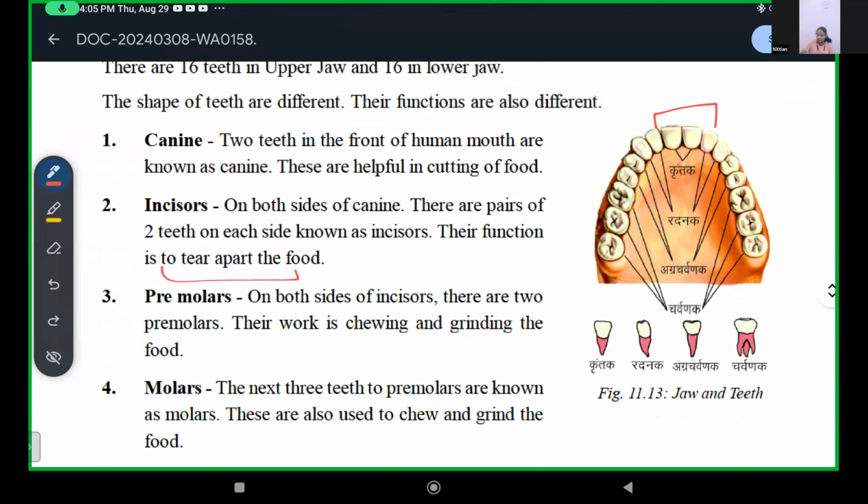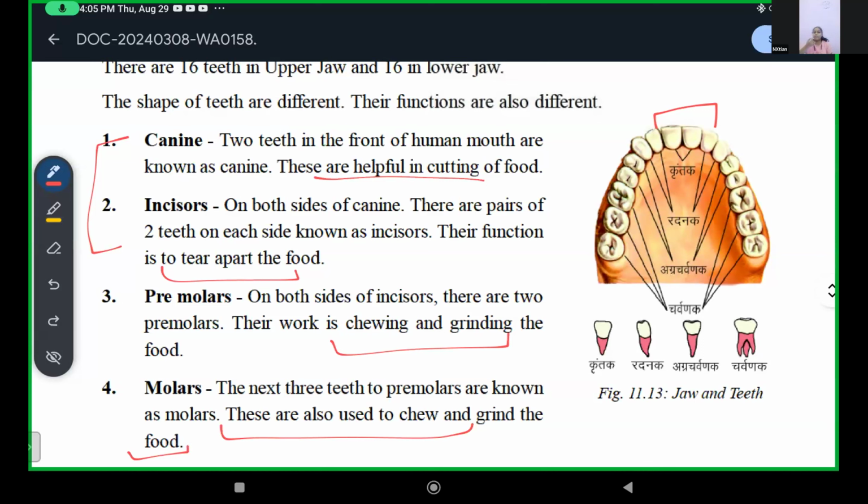Canines basically cut the food, and incisors tear them apart because these are very sharp. Then we have premolars. They work for chewing and grinding the food. And then molars, also to chew and grind the food.